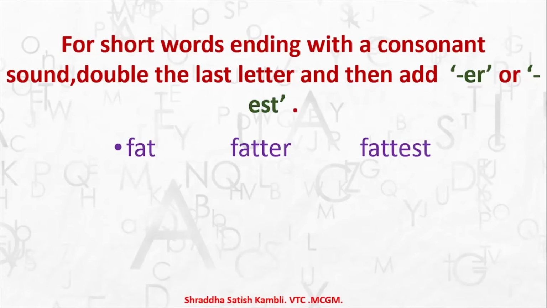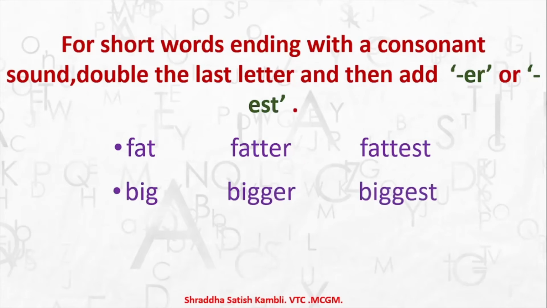So example number 1. See, fat, fatter, fattest. So what did we do? It is a short word, fat. It ends with a consonant sound, the sound of the letter T. So you added one more T there. You repeated the last letter and you added ER and you added EST. Let's take a look at one more example.